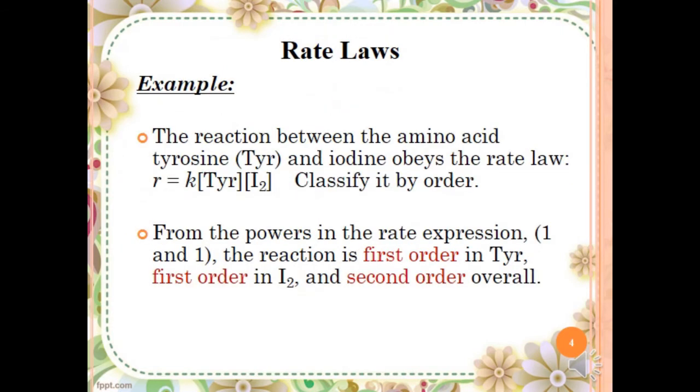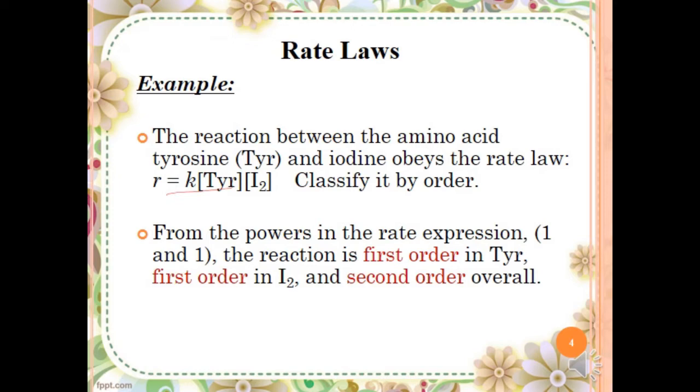Now consider this example here. Just now was a very general example. Now we look at a real example. The reaction between the amino acid tyrosine and iodine will give you this rate law here. So classify it by order.